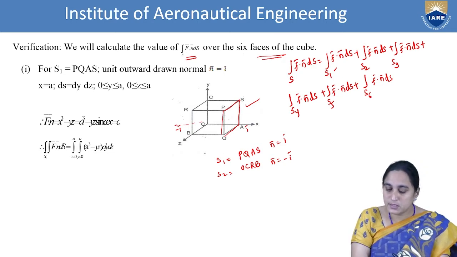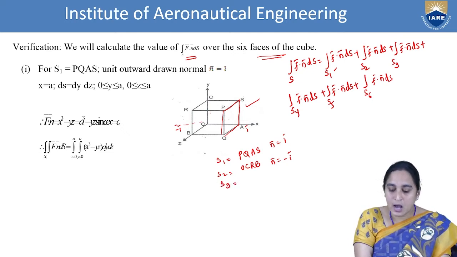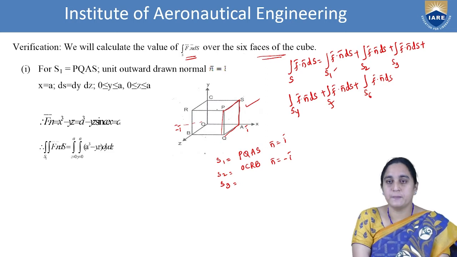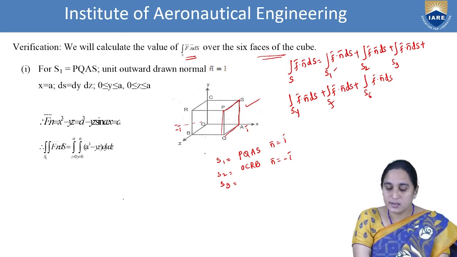And the next face, S3, is equal to RBQP. Which axis is this on? The z-axis. Is this the positive direction or negative direction?